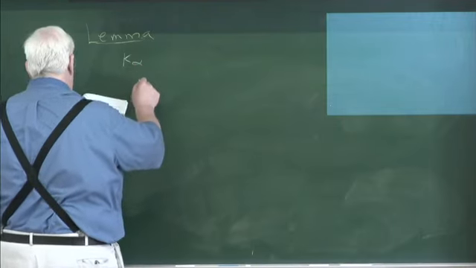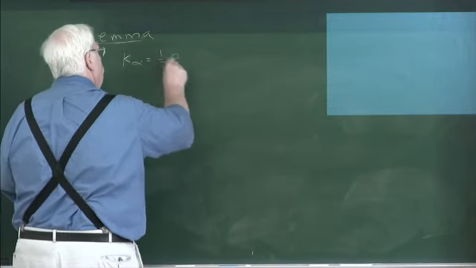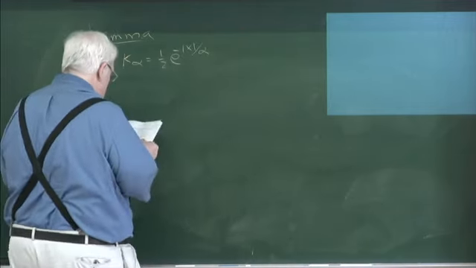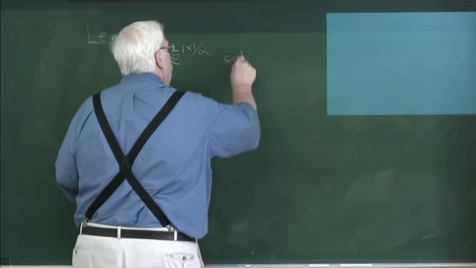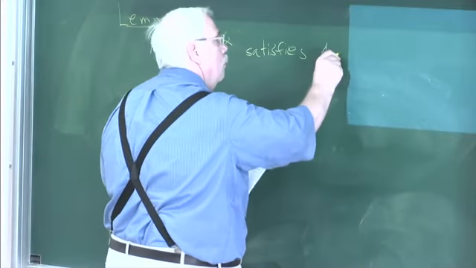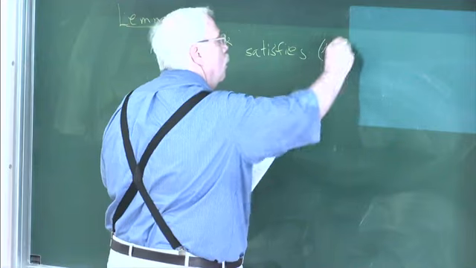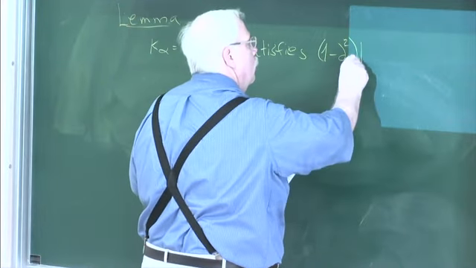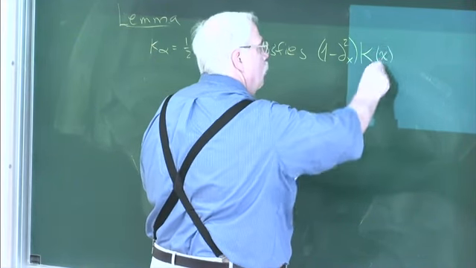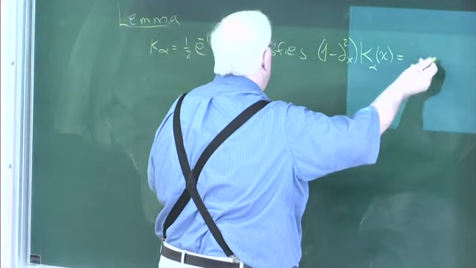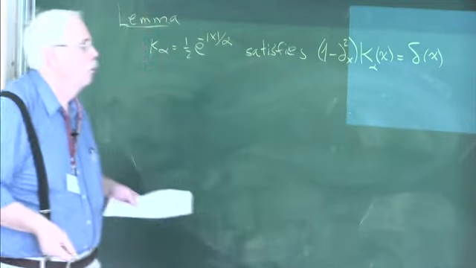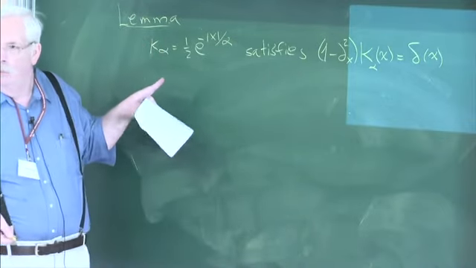K alpha equals one half e to the minus absolute value of x over alpha satisfies (1 minus alpha squared d squared by dx squared) K alpha of x equals the delta function of x. Okay?